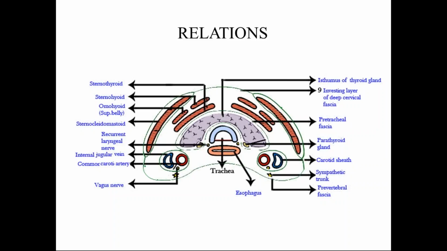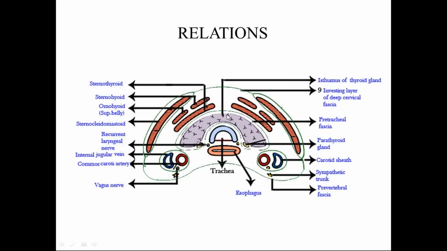Now I'll show you what the three surfaces are. This is the anterolateral surface, this is the medial surface, and this is the posterior surface. This is of one lobe, and this is the anterolateral surface, posterior surface, and medial surface of another lobe.